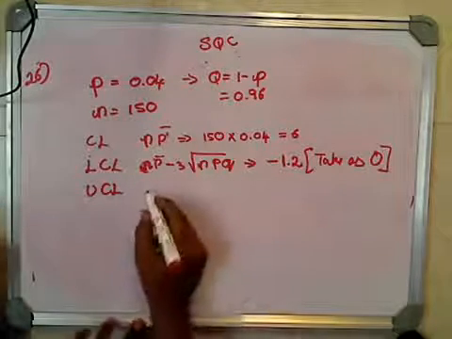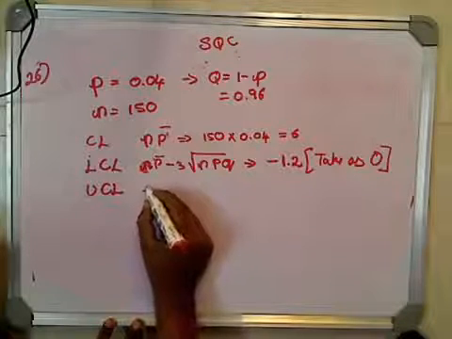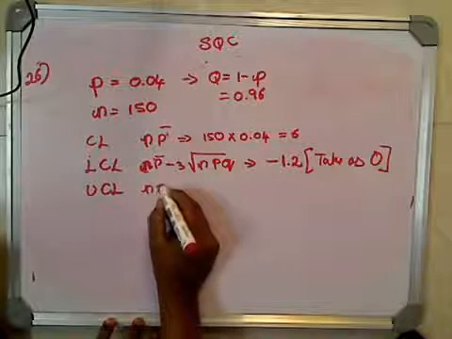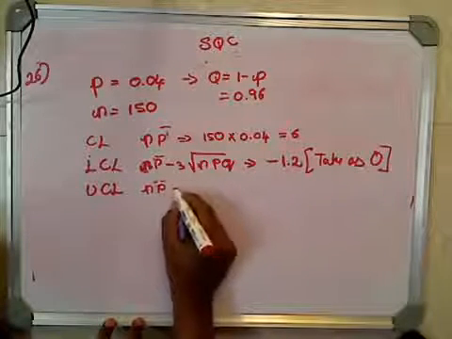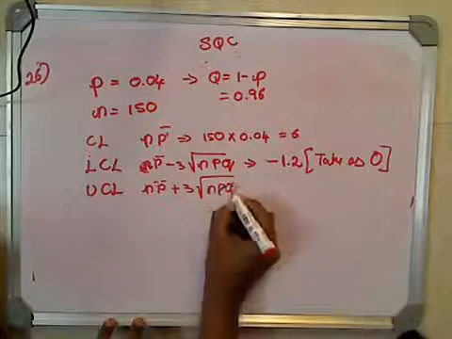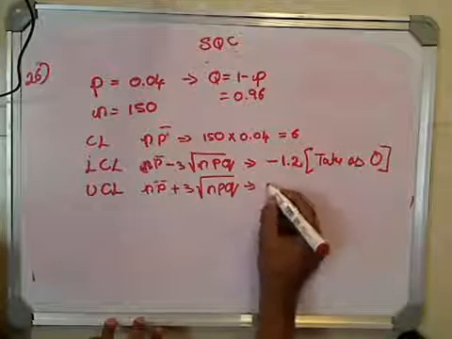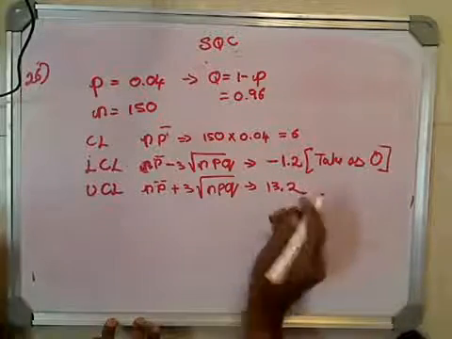The next thing that you do is take up the upper control limit, which is NP plus 3 square root NPQ. This should give you the value 13.2.